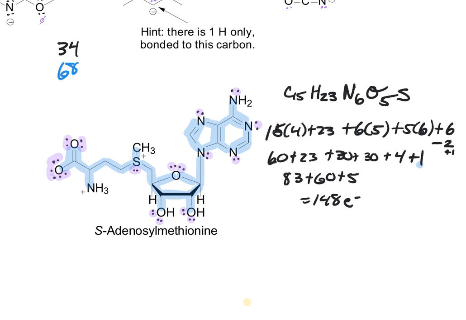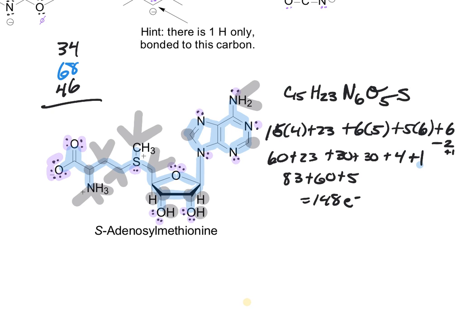Now we do all the ones to hydrogens. So we get here 2, 4, 6, 8, 10, 12, 14, 16, 18, 20, 22, 24, 26, 28, 30, 32, 34, 36, 38, 40, 42, 44, 46. 34 plus 46 is 80, plus 68 is 148.